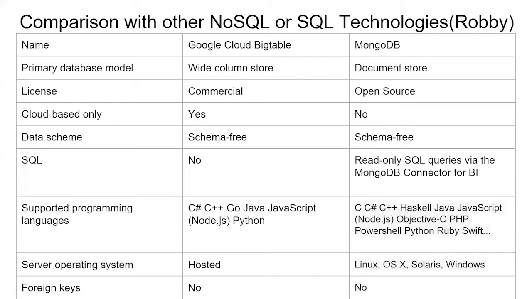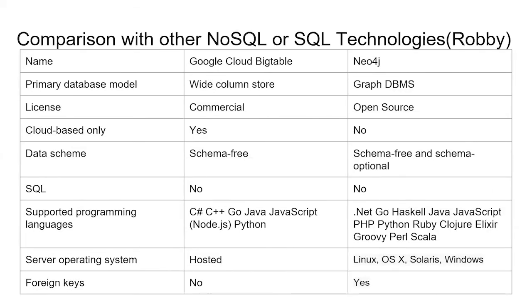Google Cloud Bigtable is hosted. MongoDB requires Linux, OS X, Solaris, or Windows. Neither Google Cloud Bigtable nor MongoDB support foreign keys since they are NoSQL.